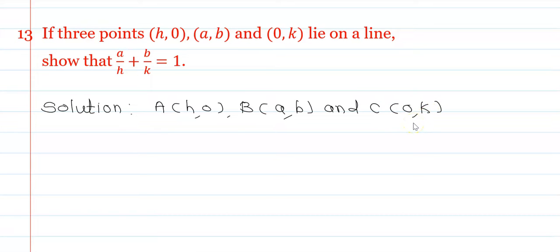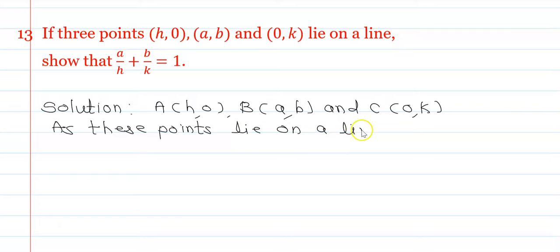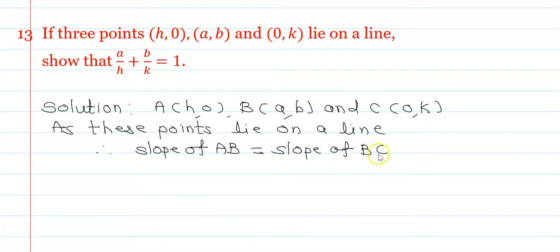As these points lie on a line, the slope of AB is equal to the slope of BC.